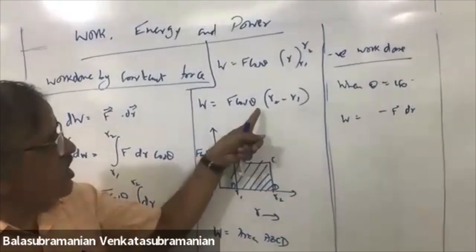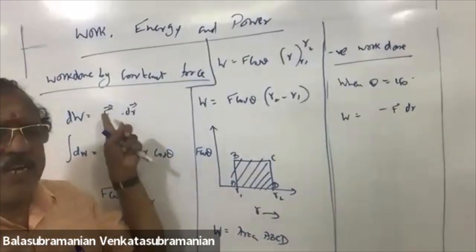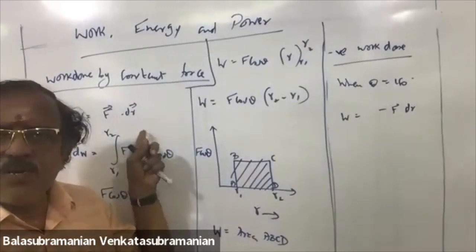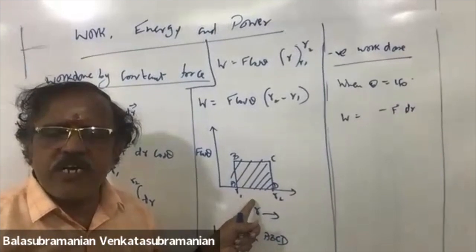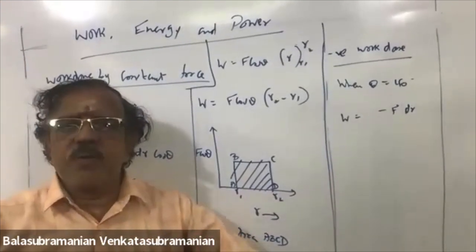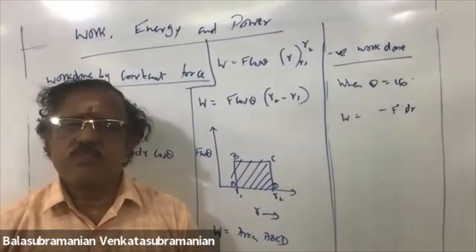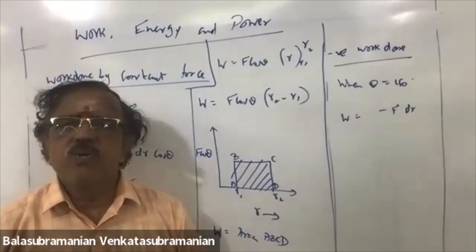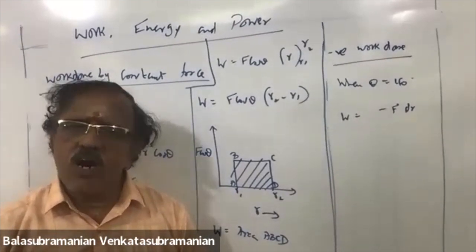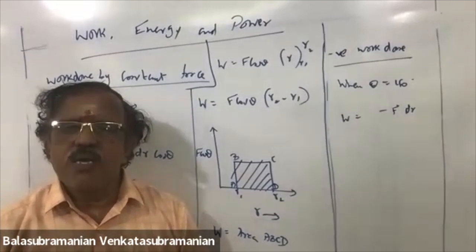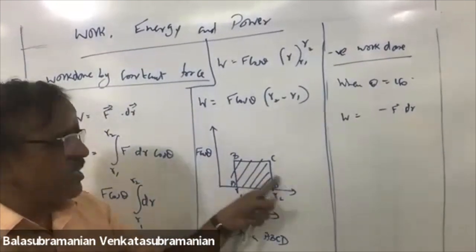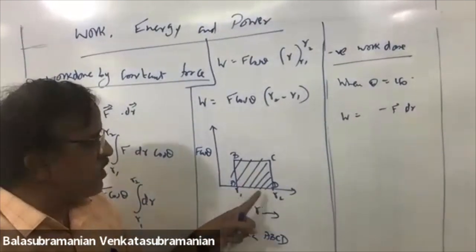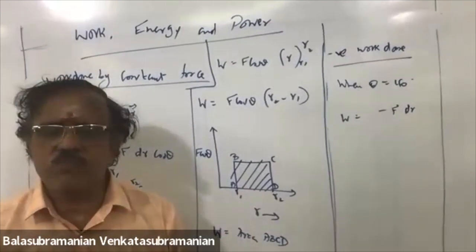Both are the same: F cos theta into dr value and the area ABCD will give you the same answer. W is equal to F dr cos theta, or W is equal to the area of the graph ABC, from initial displacement R1 to final displacement.